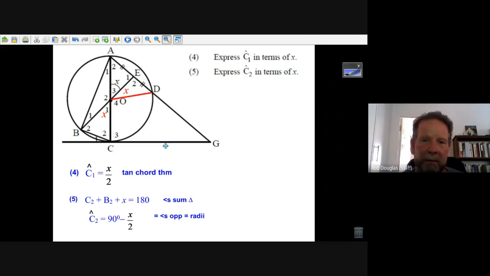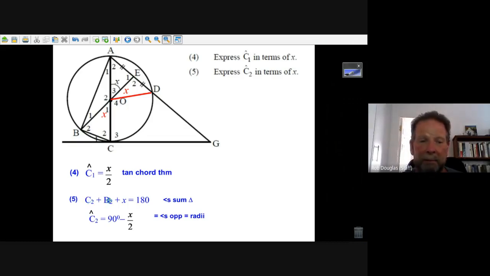Okay, let's do the last question. Let's try and find C2 in terms of X. Well, we know that these angles B2 and C2 and X all add up to 180 degrees, because angles sum in a triangle. But we also know that these two sides here, OB and OC, are really the radius of this circle. And if that's true, B2 and C2 must be exactly the same angle.